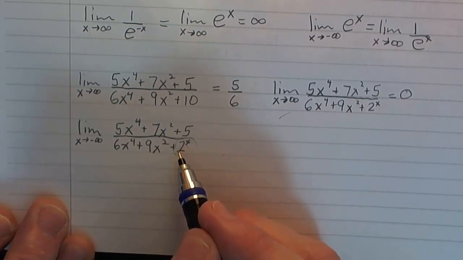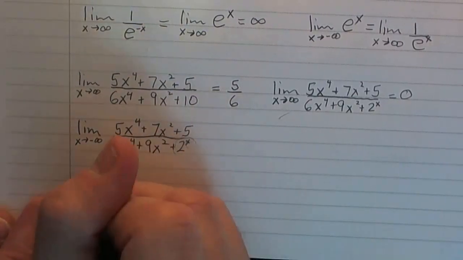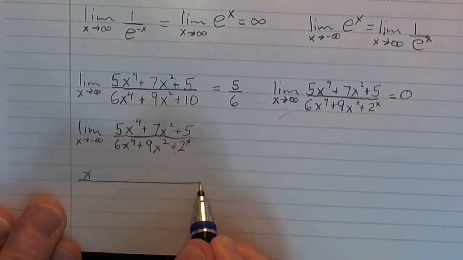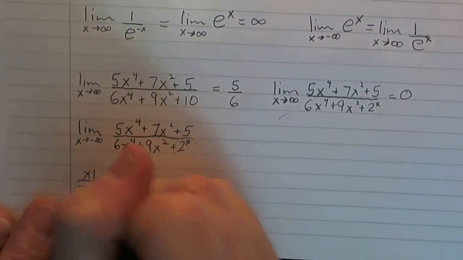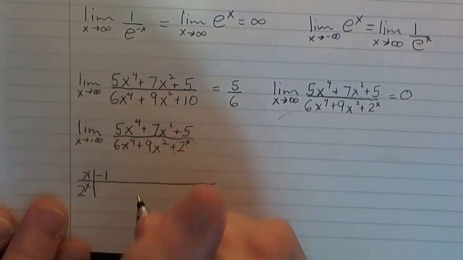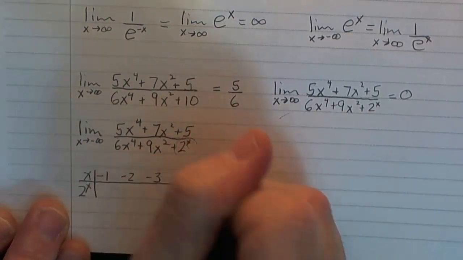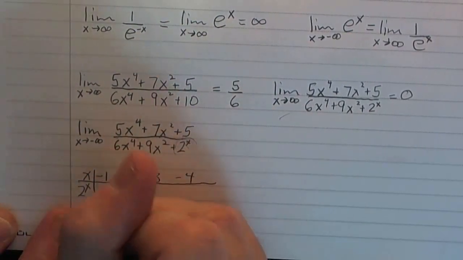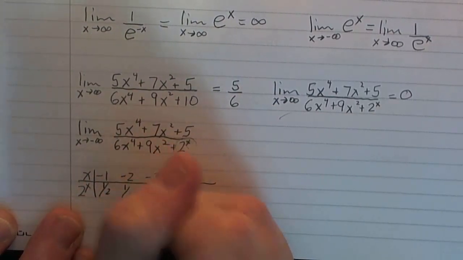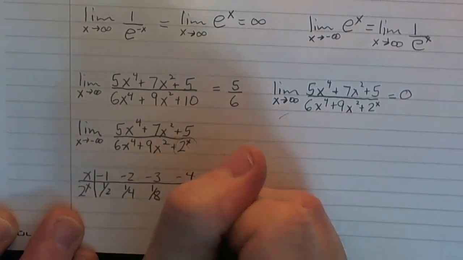Well, if you think about it, if you have 2 to the negative power, let's just look and see what happens here. We've got 2 to the x, and let's just start putting in some powers: -1, -2, -3, -4. 2 to the -1, that's 1/2. 2 to the -2, that's 1/4. 2 to the -3, that's 1/8, 1/16.